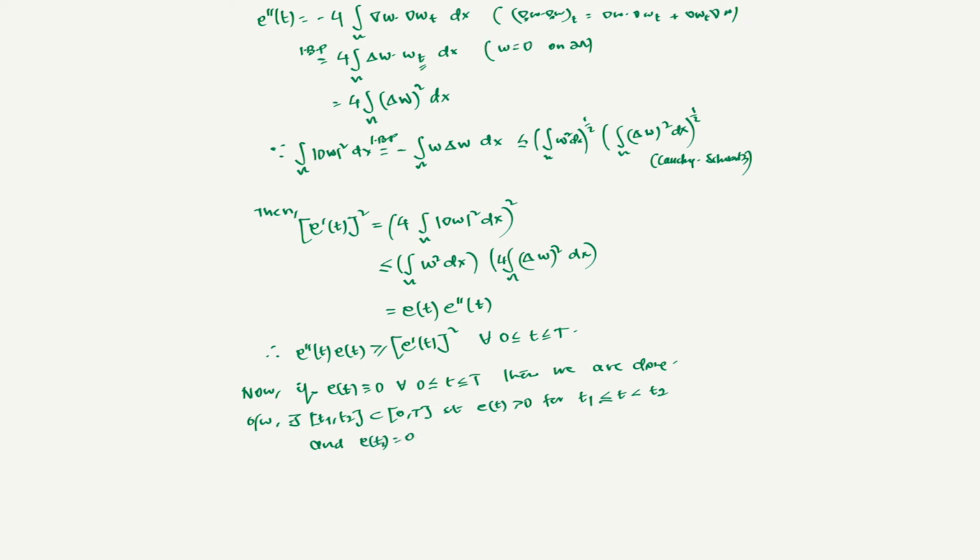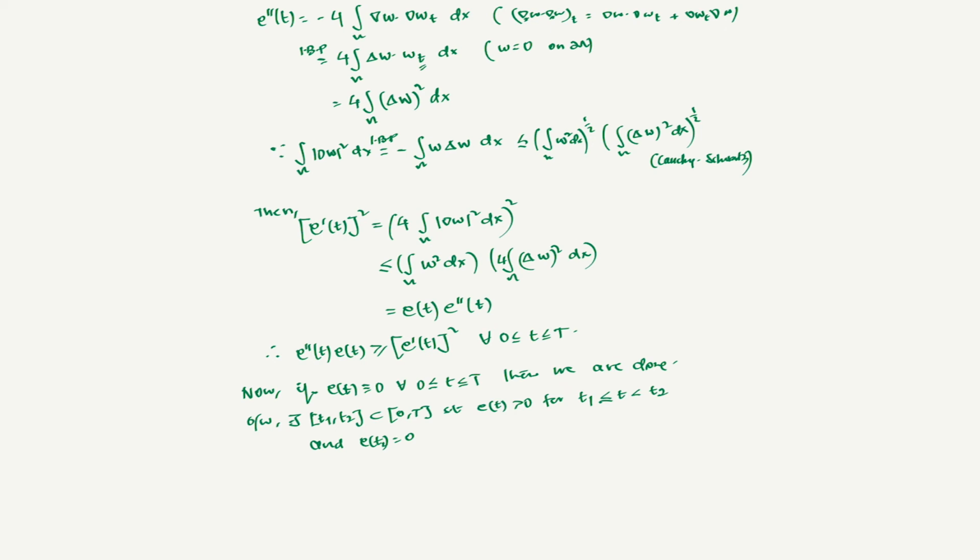If it is positive somewhere, then this kind of thing is bound to happen. Why is there always a t2 such that e of t2 is 0? Because e of capital T is going to be 0. So essentially there is always such a t for which all of this happens.